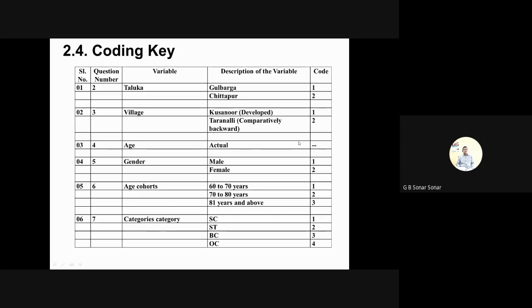It has got 5 columns giving description about the serial number of the questions, question number given in the research tool, name of the question, then the answers got to the questions or variables, and the code to be assigned to the answers we got to different questions.